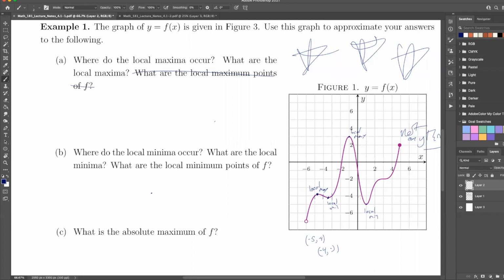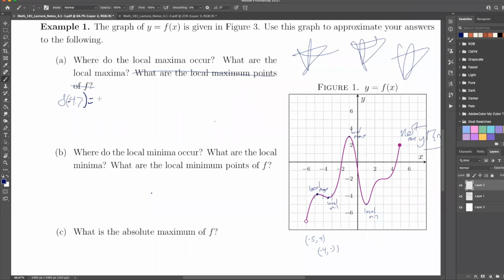So what are the points? Here we have roughly f of minus 4.7, let's go ahead and make my dot less fine, f of minus 4.7 equals minus 3.7.